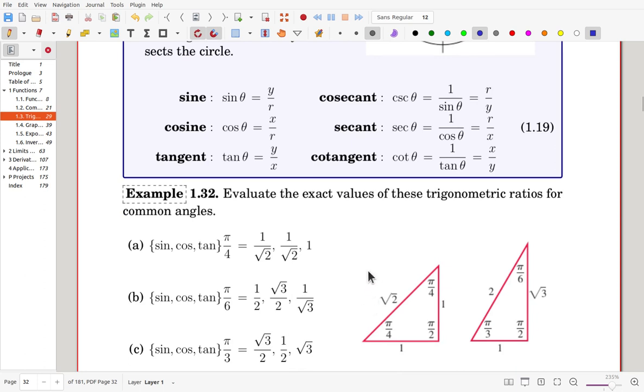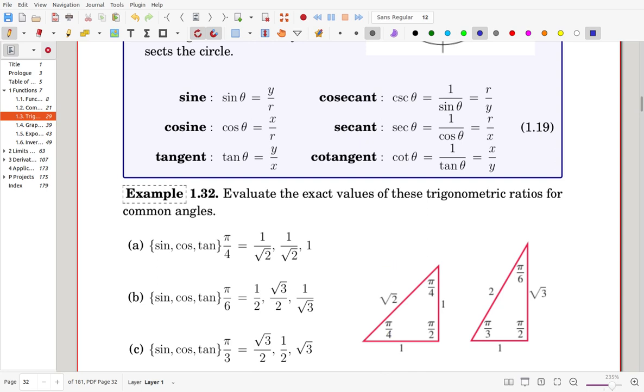Here we can evaluate the exact values of sine, cosine, tangent for common angles: pi over 4, and also pi over 6 and pi over 3. They can be derived from right triangles.